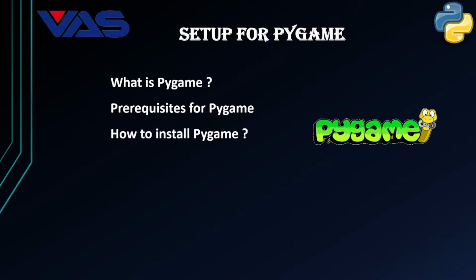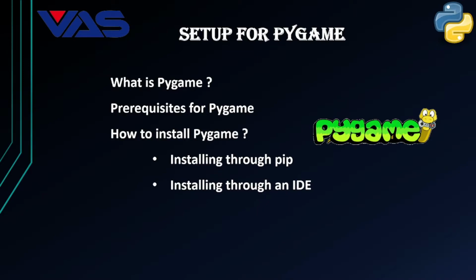Our third heading is how to install Pygame. There are two ways to install Pygame. First is to install through pip and second is to install through an IDE, and I'm talking about the IDE PyCharm. If we want to install Pygame through pip, we use the command pip install pygame.